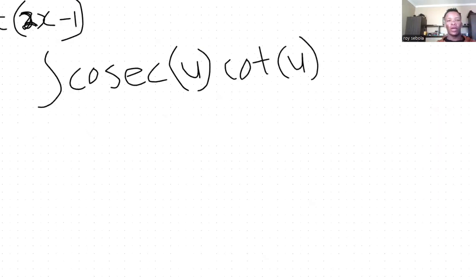So we can simply take out the constant, which is 1 over 2.